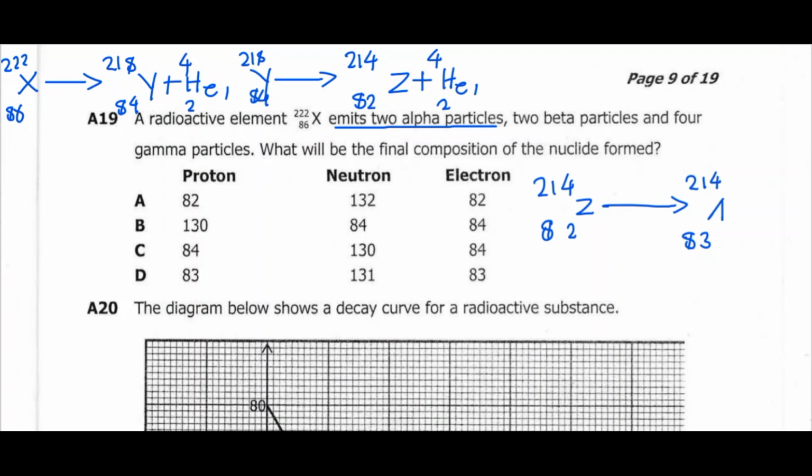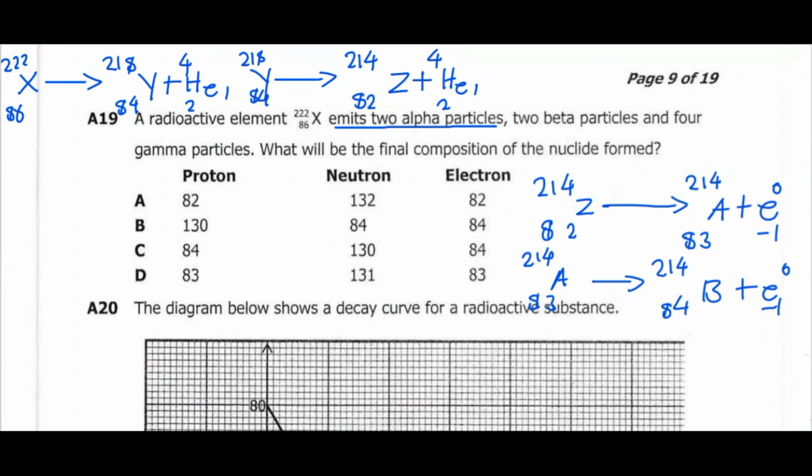We say this is element A plus the nuclide notation for beta. Then the last one, 214, 83. 214 will not change because beta does not change the mass number. Then 83 will become 84. We say this is our B plus e 0 minus 1.